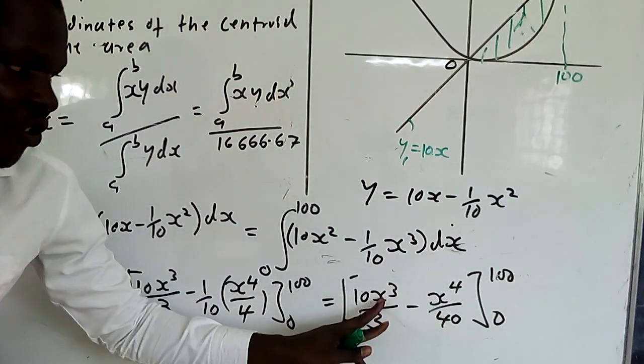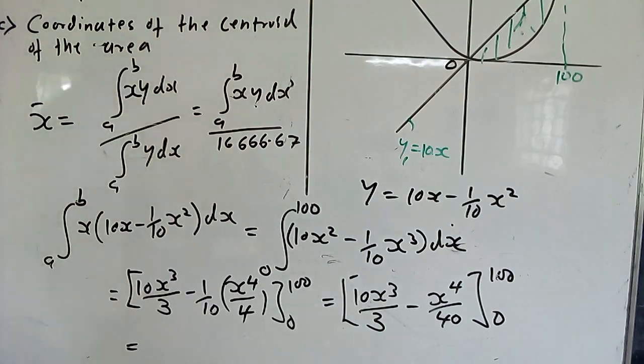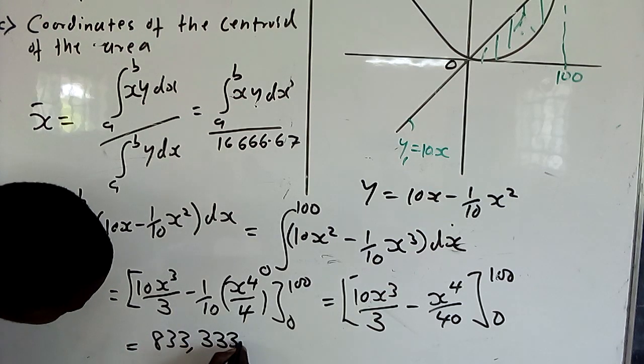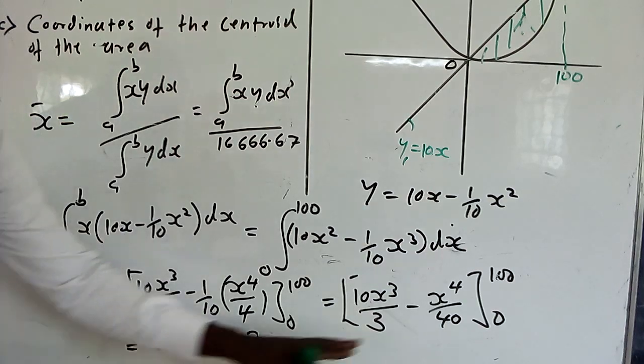So when x is 100, what is the upper limit? When x is 100, you found the upper limit to be 833,333.3. Then when x is 0, you get 0.